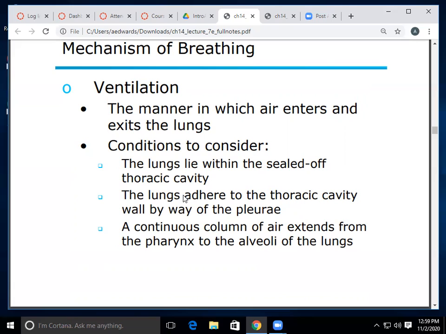Also, you get a continuous column of air that extends from your pharynx, in your throat, down to the alveoli in your lungs. All these things are going to affect your ventilation.